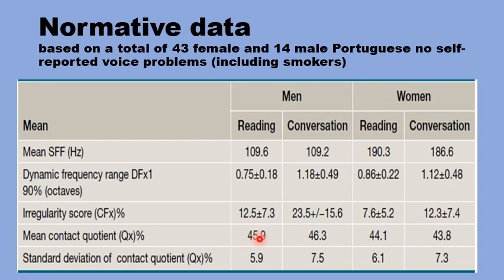In cases like vocal fold palsy, with no good contact between the vocal fold edges during phonation, this may drop to 20% or so. Also, the standard deviation of this contact quotient reflects the irregularity in the control of the vocal folds movement during the glottal cycle.